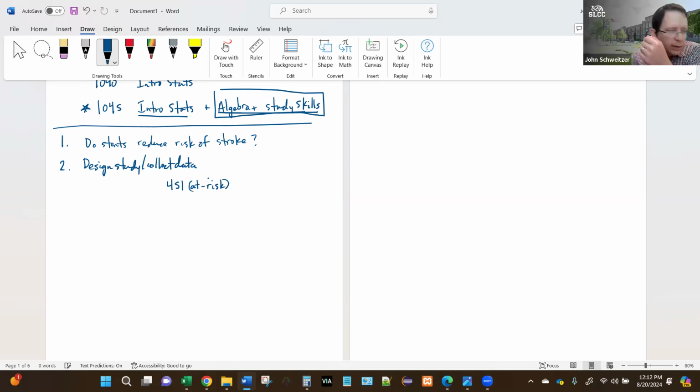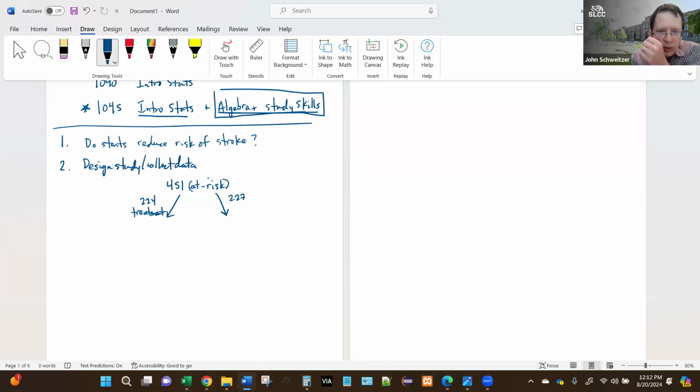It wouldn't make sense to put this into healthy people. Then they randomly assigned 224 to get a stent and 227 to get no stent.